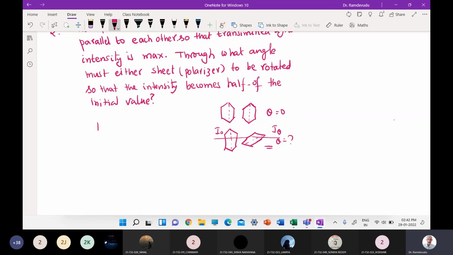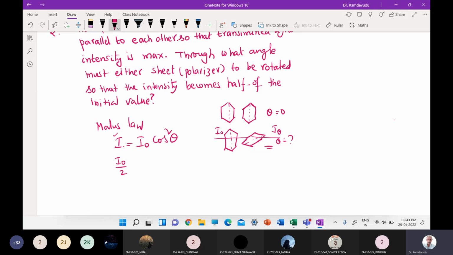We have Malus law, which states that I equals I naught cos square theta. They are asking to find theta such that I becomes I naught by 2, half of the initial value.